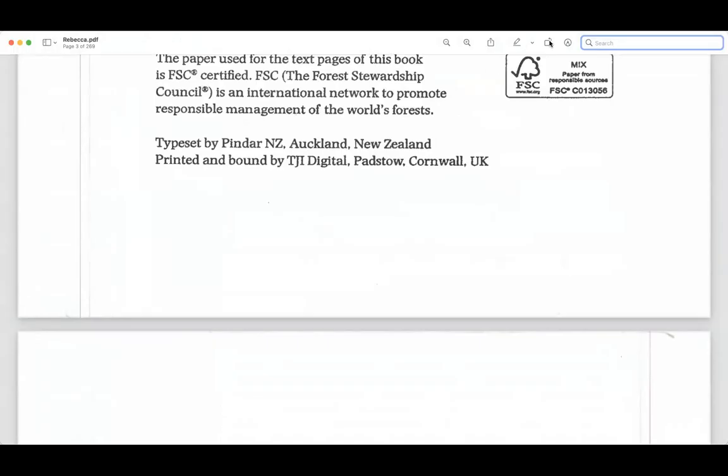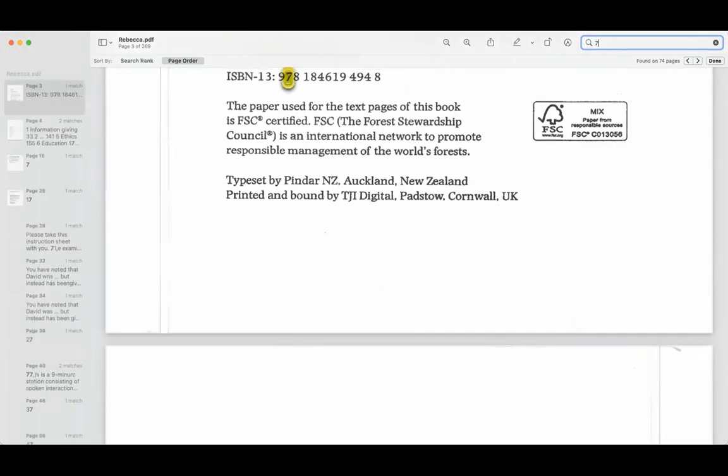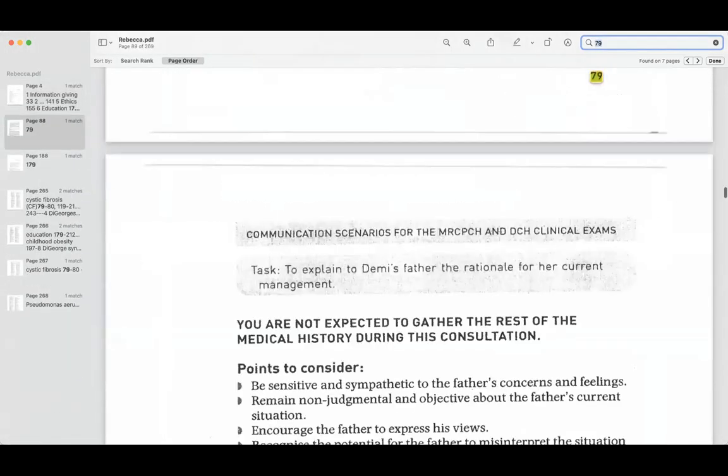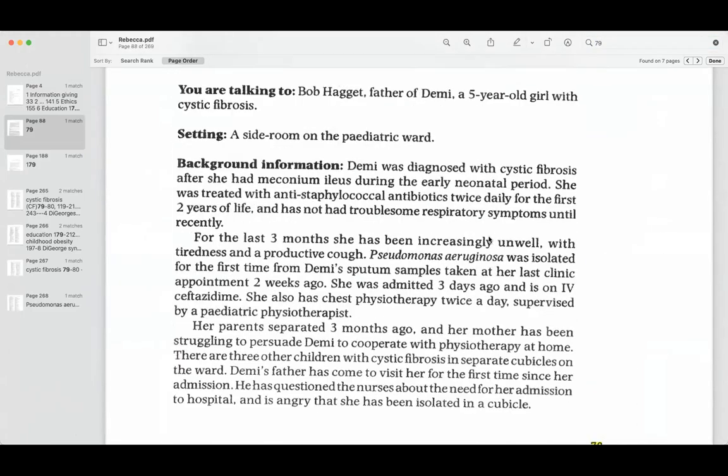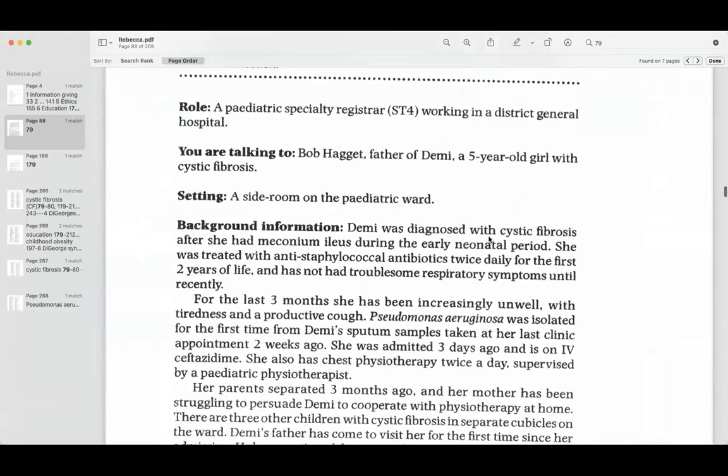Okay, before going to the next scenario, does anyone have any comments? Dr. Noor, I want to ask whether during the communication we need to go to the management as written in points to consider.